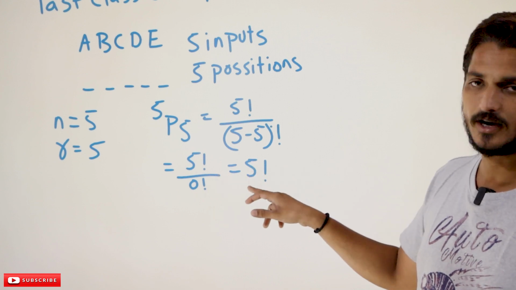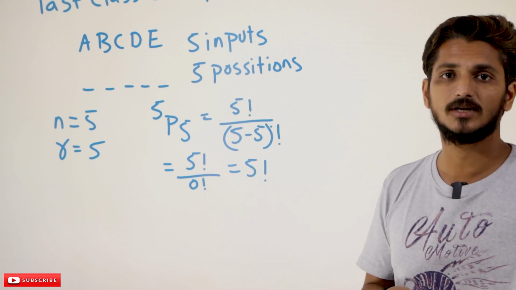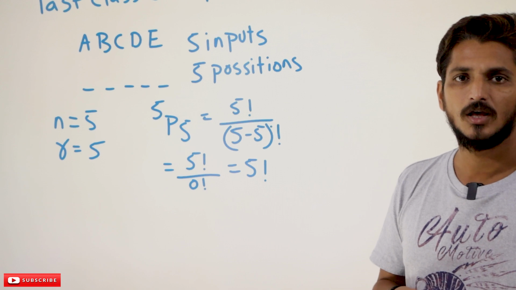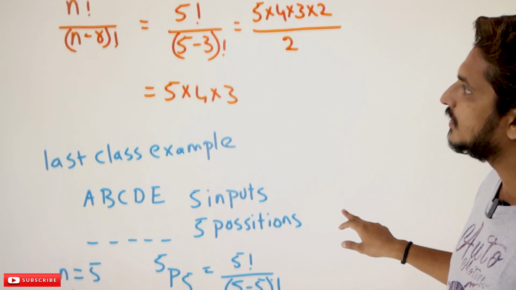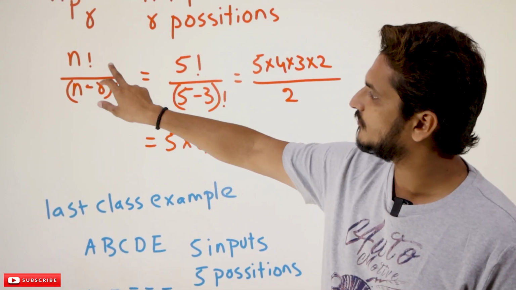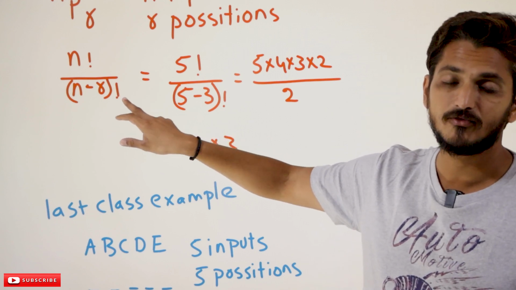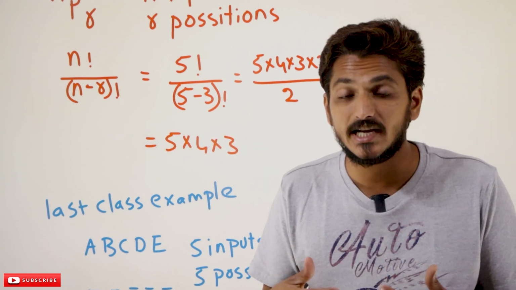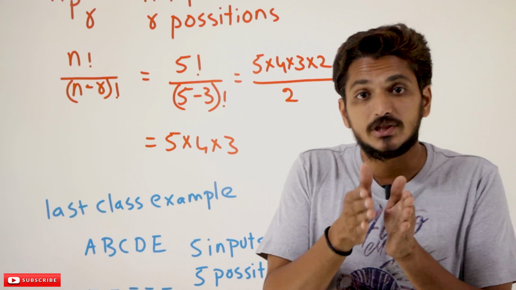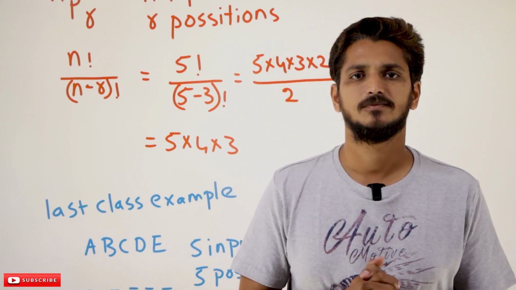This is the output which we got in our last class. So the same formula, nPr means n factorial by (n minus r) factorial, is applicable for permutations to identify the permutations without repetitions.